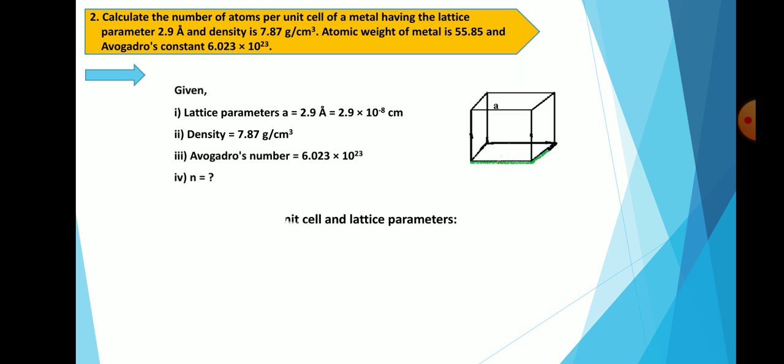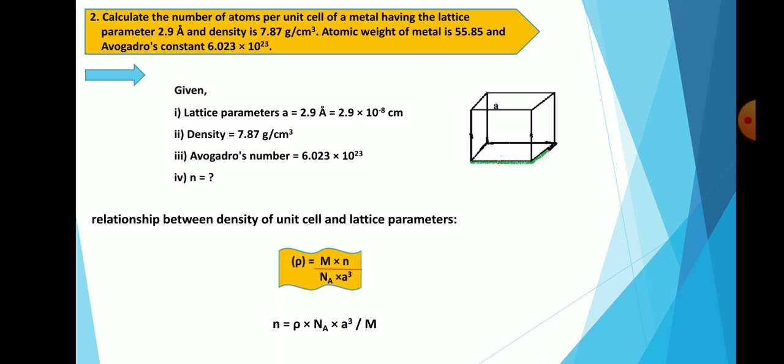So first we have to know the relationship between density of unit cell and lattice parameter from the last videos. It is directly rho is equal to capital M into n divided by Na into a cube.